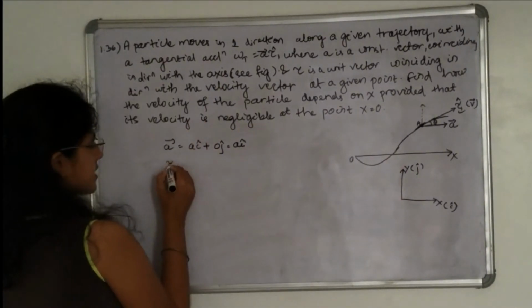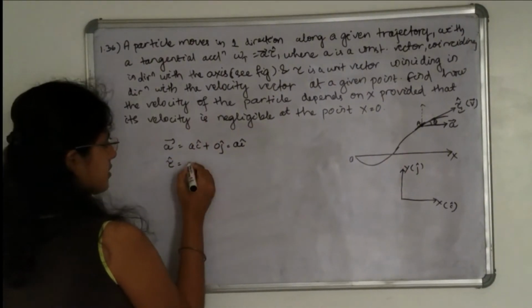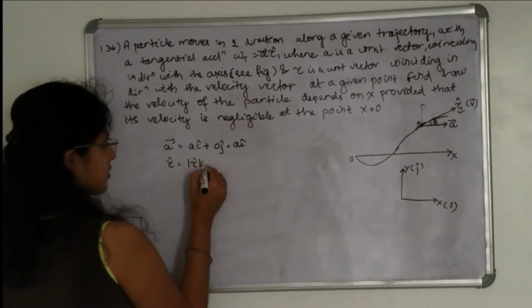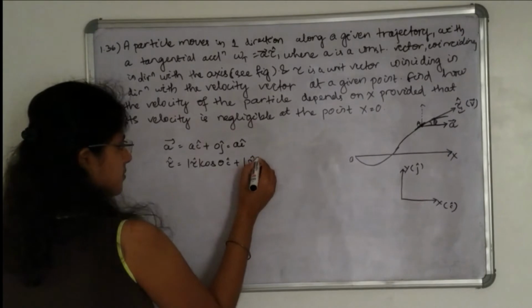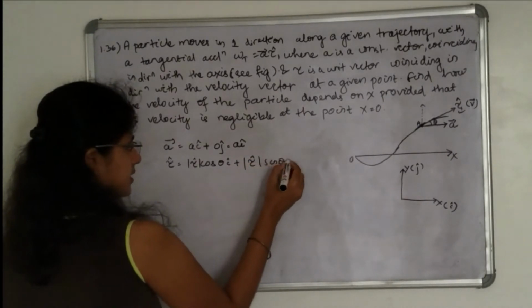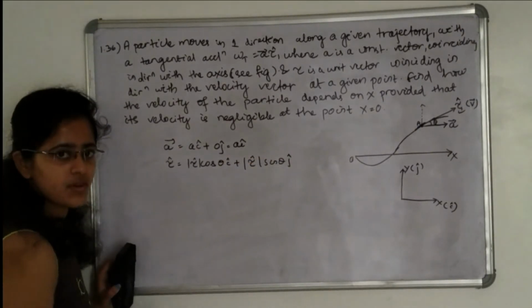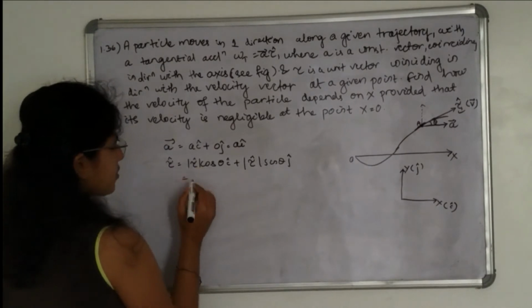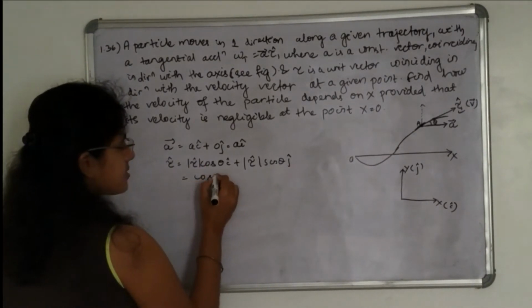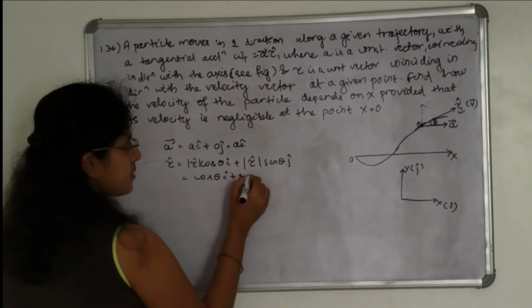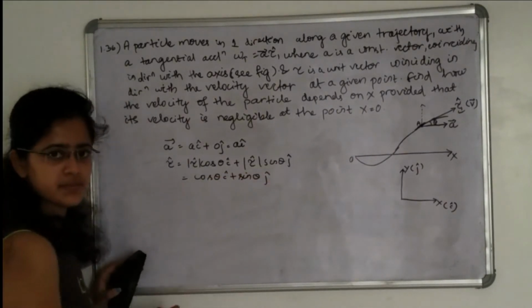We can write this tau cap vector as tau cap cos theta i cap plus tau cap sin theta j cap. So the magnitude of this unit vector is 1. That means simply this is cos theta i cap plus sin theta j cap.